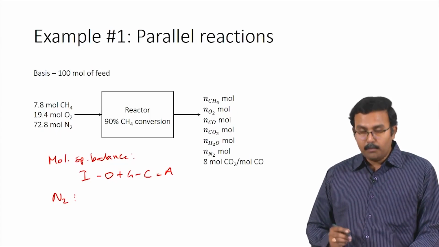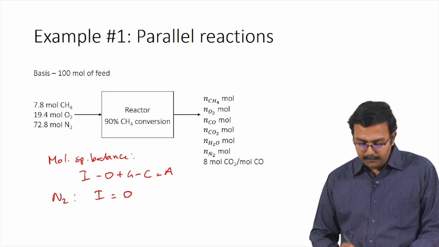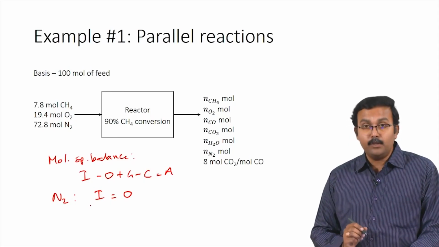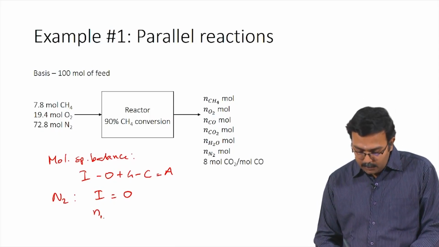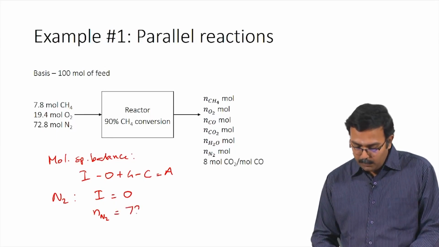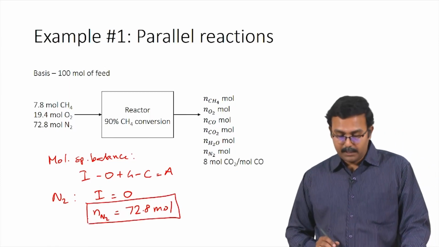At steady state accumulation will also be equal to 0, giving you input equals output. The input moles of nitrogen is known as 72.8 moles. So based on that, N2, which is the number of moles leaving through the product stream, would also be equal to 72.8 moles. So this gives you the first information.